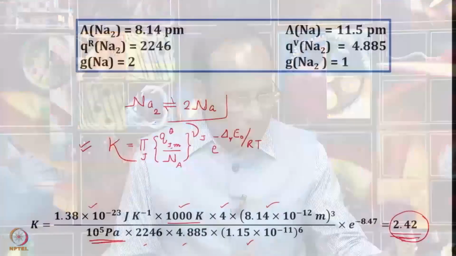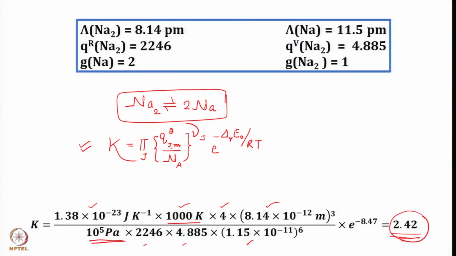We will take some more examples to further clarify what factors go into the evaluation of equilibrium constant. Remember that this equation is very simple, where you have only diatomic sodium and sodium atom. If you have a reaction in which there are triatomic and polyatomic molecules, the situation can be complex.